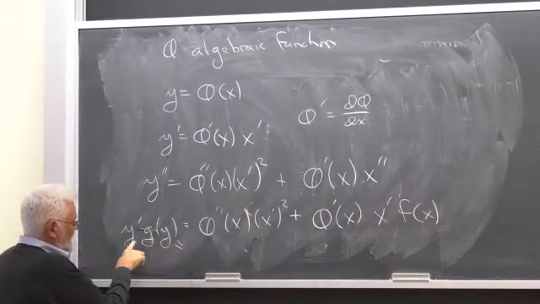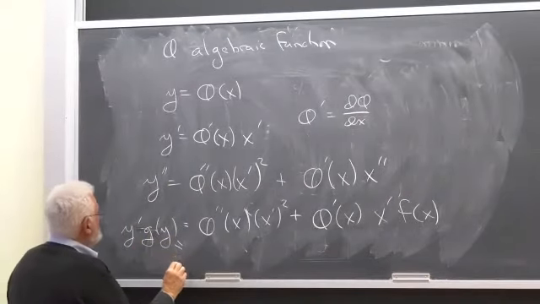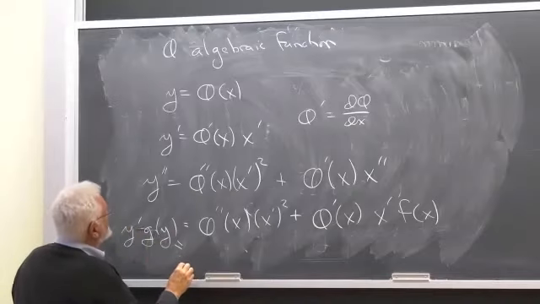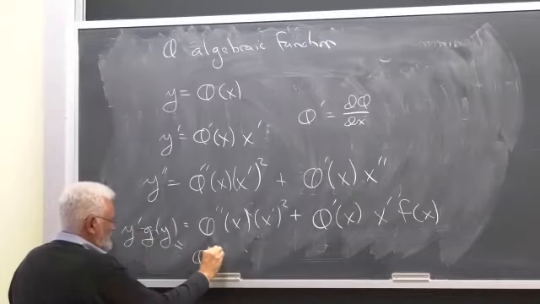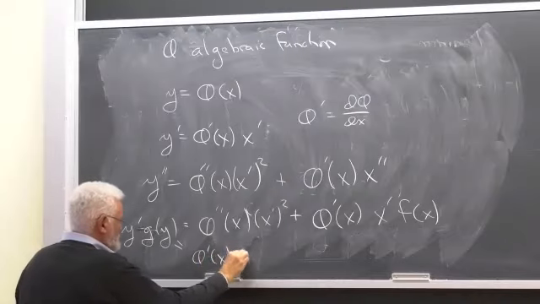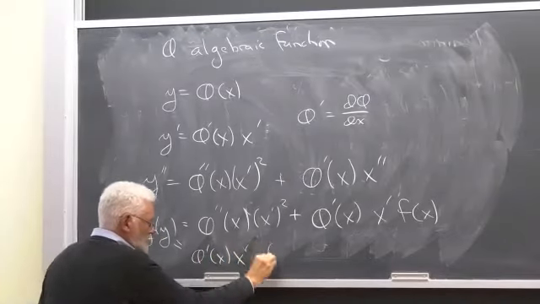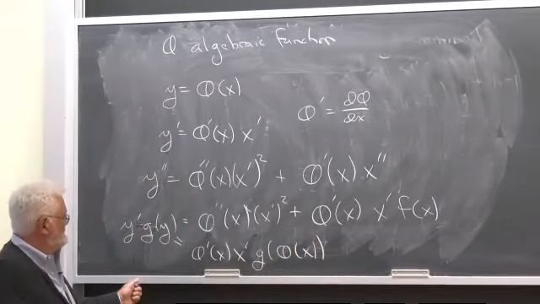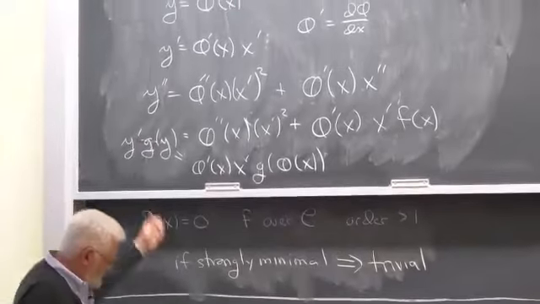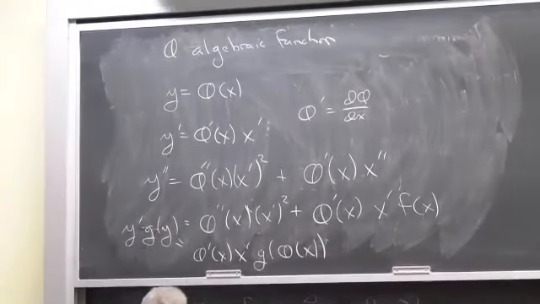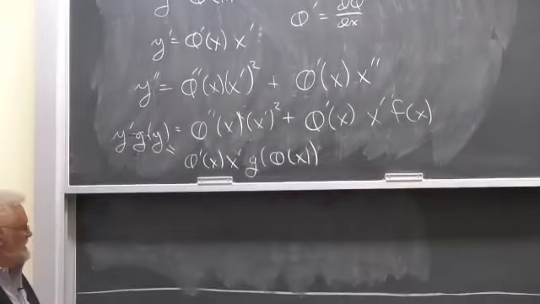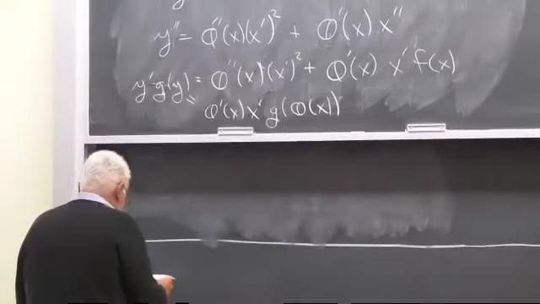I recognize that y prime g of y is phi prime of x, x prime, g of phi of x. Now, rearranging terms and canceling an x prime, I get this equation.